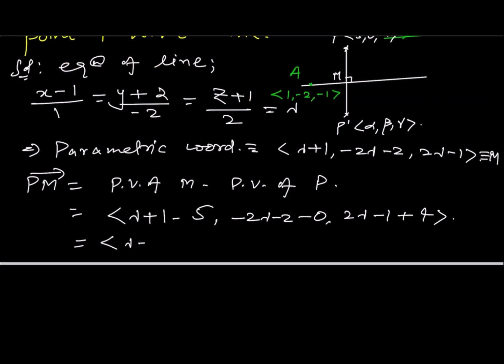So this is (lambda minus 4, minus 2 lambda minus 2, 2 lambda plus 3).